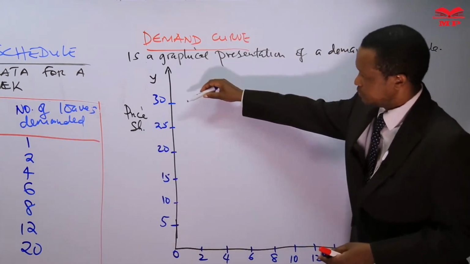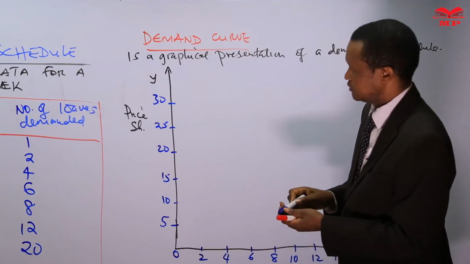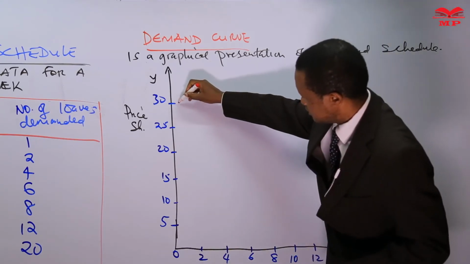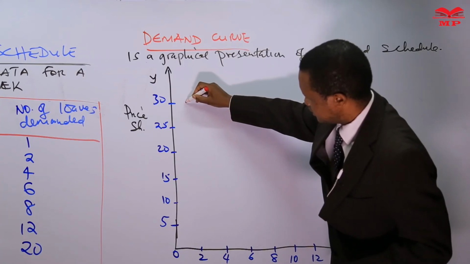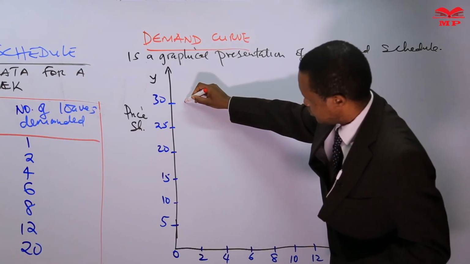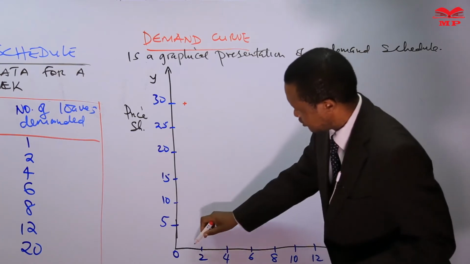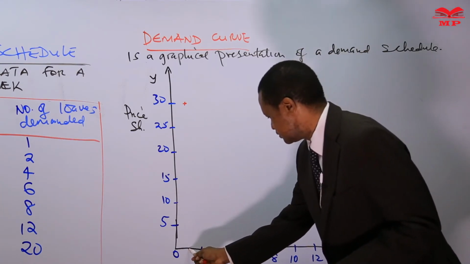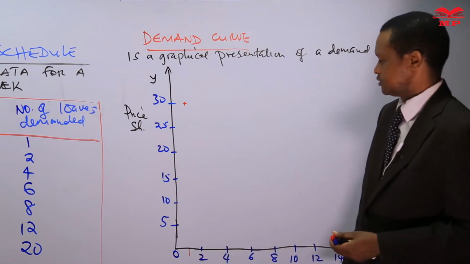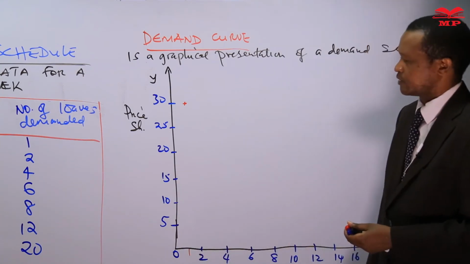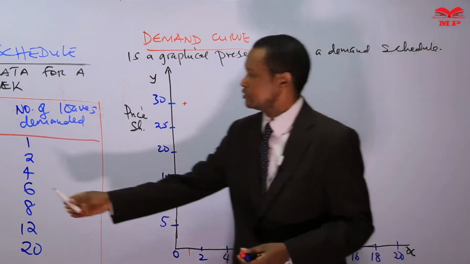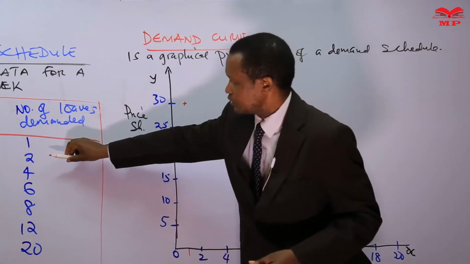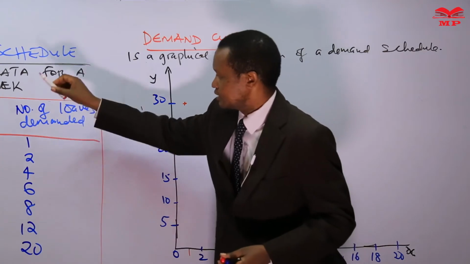So when the price is 30 here, the quantity demanded is 1 loaf. Okay, 1 loaf. When the price goes down from 30 to 20, you can see the number of loaves demanded increases.